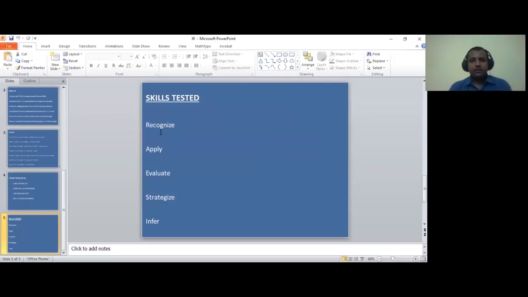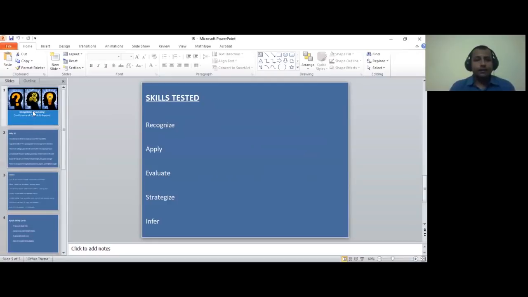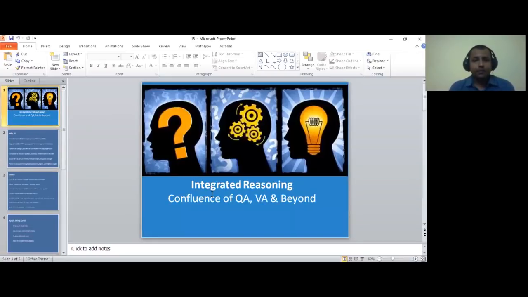So just to summarize, the problem types will definitely require some basic knowledge of QA in terms of ratio, proportion, percentage, your mean, statistics, and maybe even a little bit of probability and set theory.